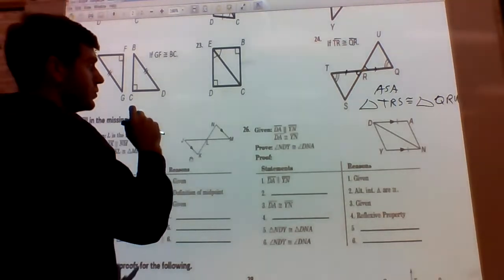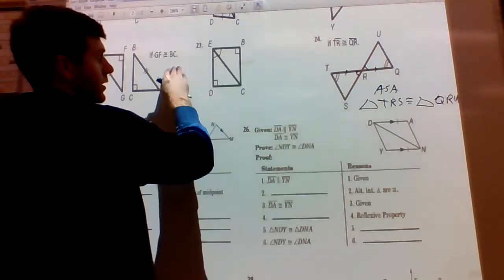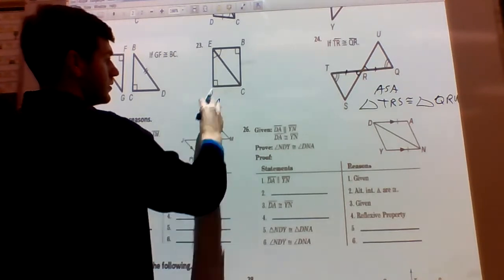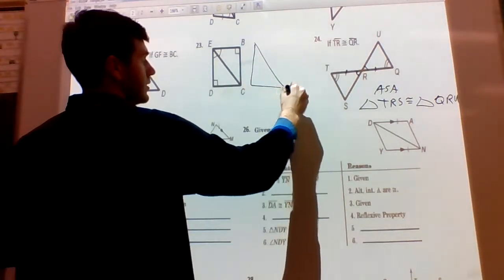If we were to rotate it, we have to flip it over this way. So here is triangle EDC. We all see EDC.